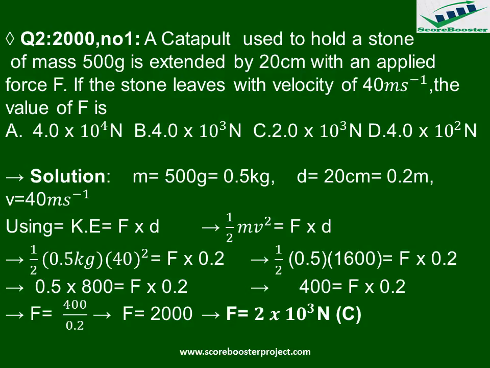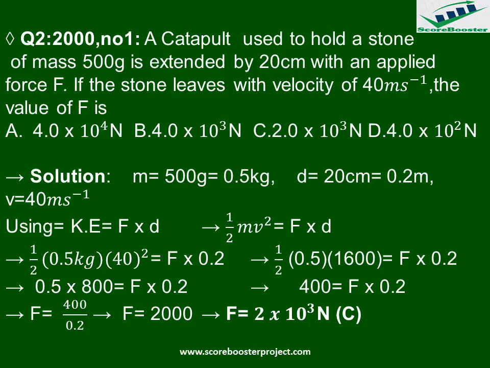Option A is 4.0 times 10 raised to power 4 Newton. Option B is 4.0 times 10 raised to power 3 Newton. Option C is 2.0 times 10 raised to power 3 Newton. While option D is 4.0 times 10 raised to power 2 Newton.